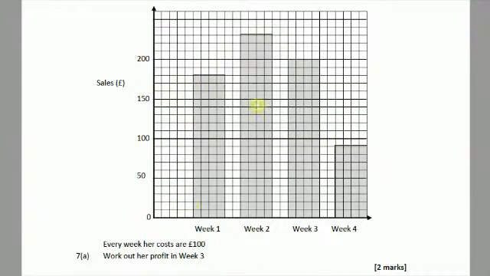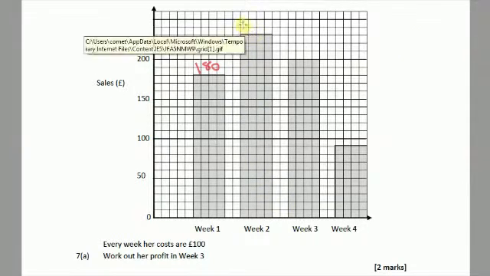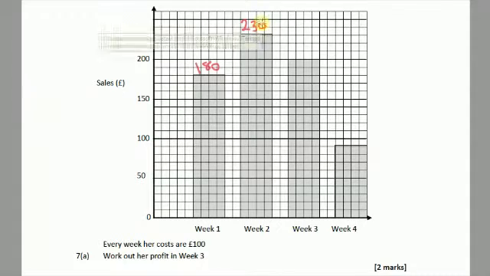So week 1, first of all, her sales are 180. I can write that at the top there just to save some work. Second week, 230. The third week, 200. And the fourth week is 90.